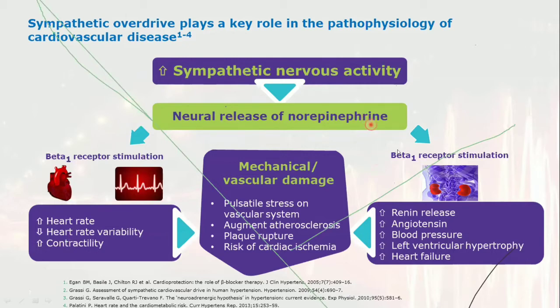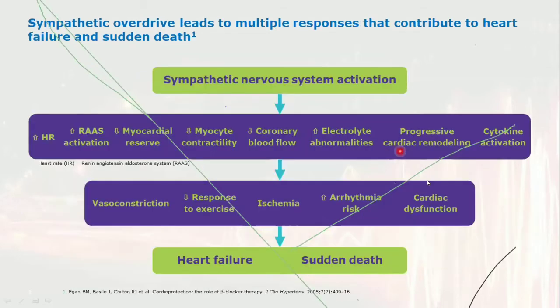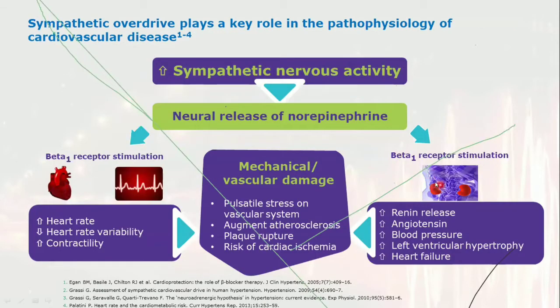Then the release of norepinephrine on the kidneys at the juxtaglomerular apparatus causes an increase in renin, as I said to you, angiotensin is increased, the blood pressure rises. As a result of the rise in blood pressure, there is left ventricular hypertrophy and heart failure.